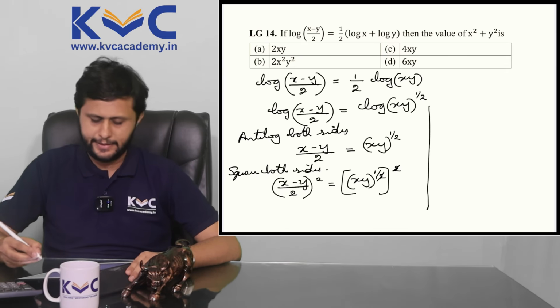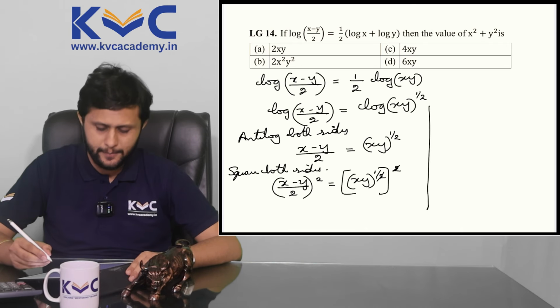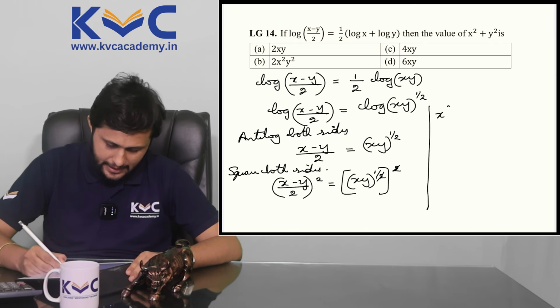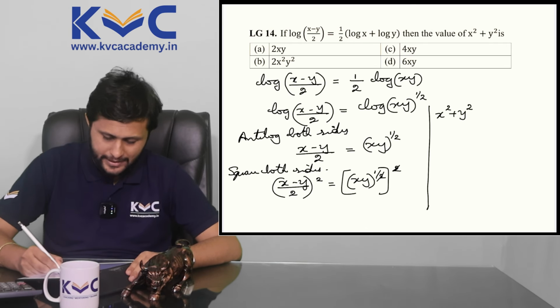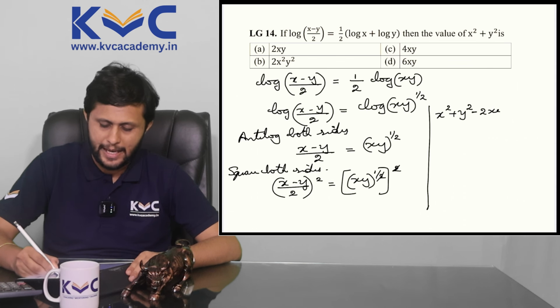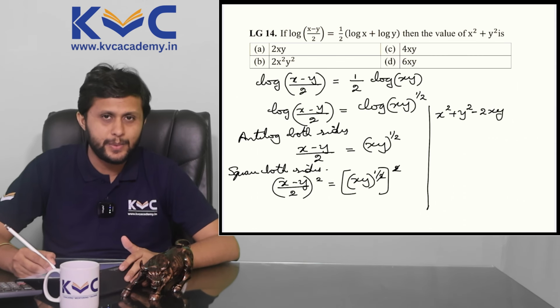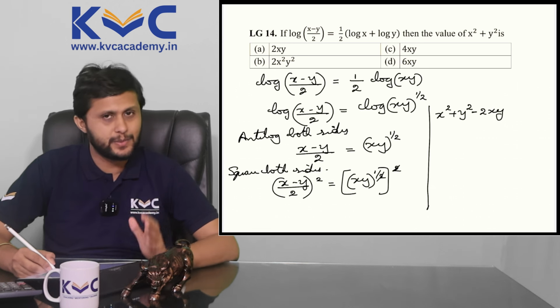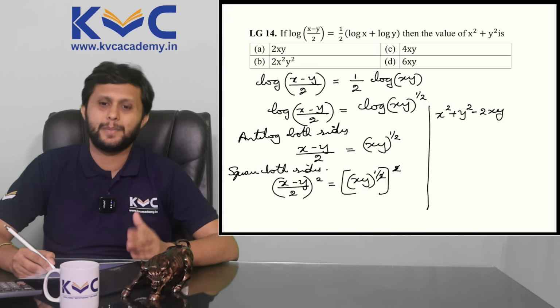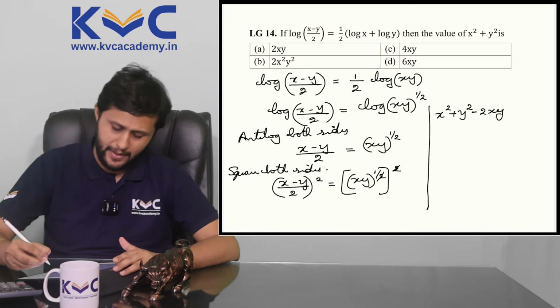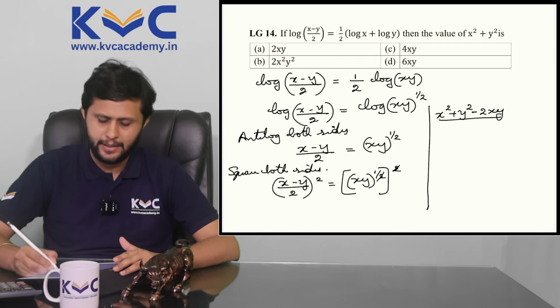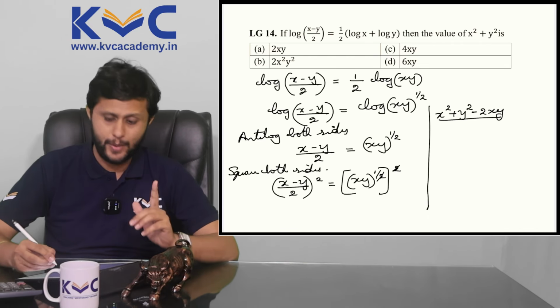Okay. On the left hand side, I have (x minus y) whole square, which is x square plus y square minus 2xy. How did I get this? (a minus b) whole square. What is (a minus b) whole square? a square minus 2ab plus b square. Same thing, I have expanded over here, divided by, denominator was 2, I had to square it.